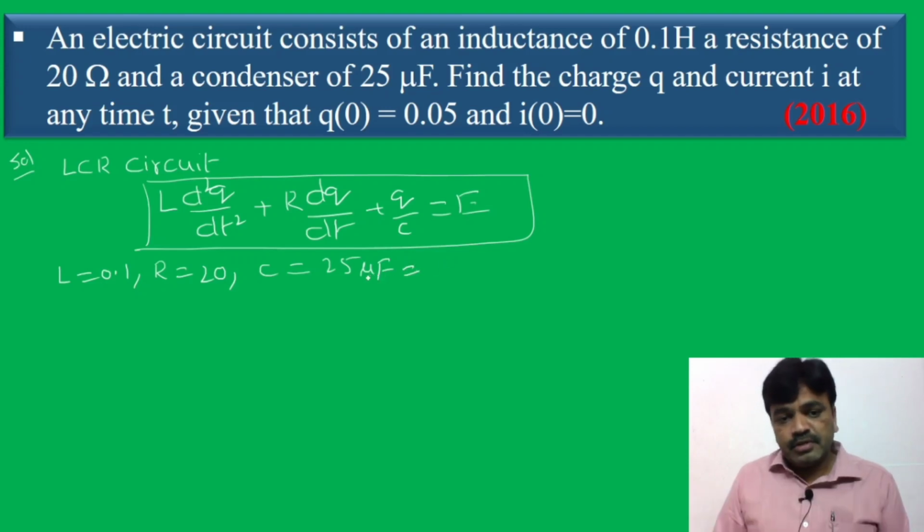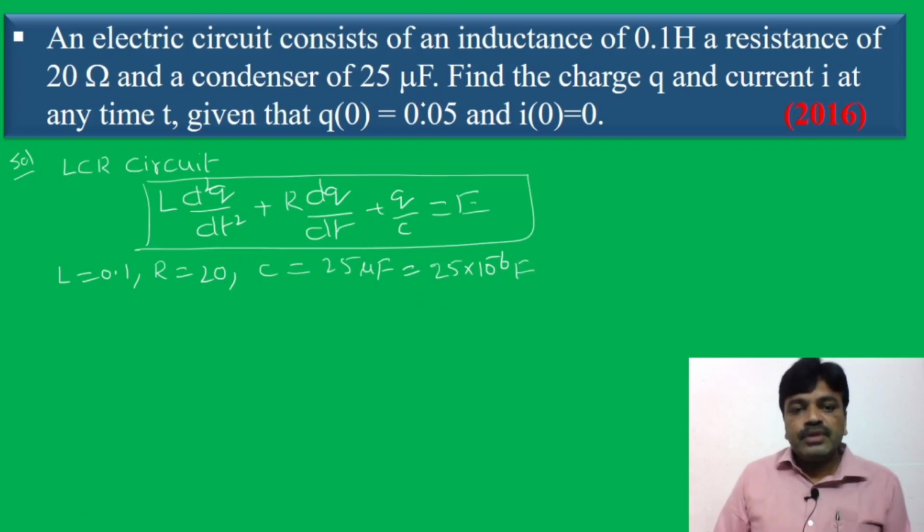To convert microfarads into farad, multiply with 10 to the power of minus 6. So we get 25 × 10^-6 farad. Now if you observe here, they don't give any E value. So E is equal to 0.